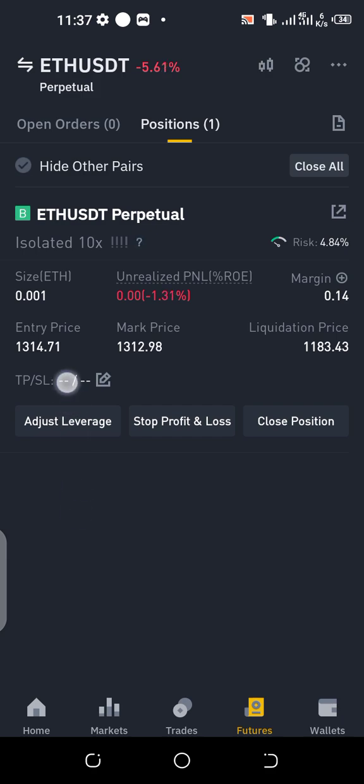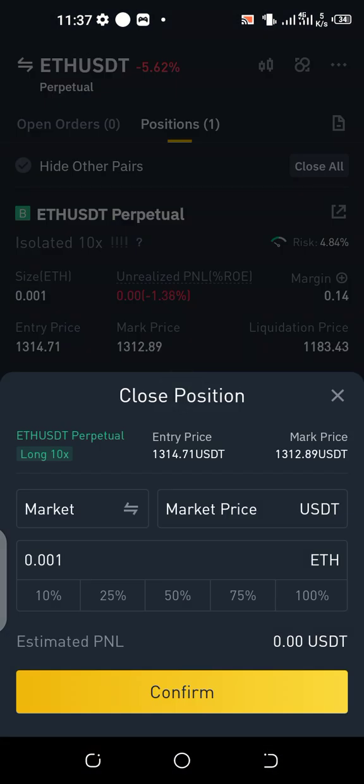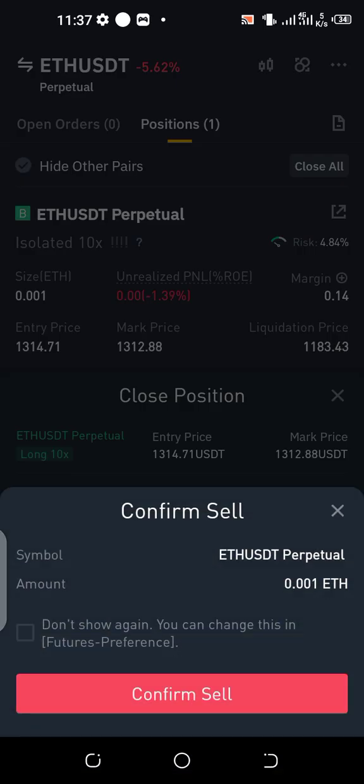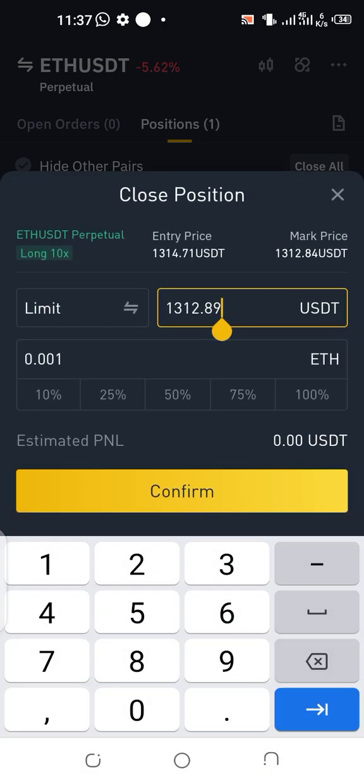Now, I have several options for closing this trade. I can close position immediately, like I showed you the other time with Bitcoin, using market price. I click confirm and it is closed if I confirm it. Or I can click on market here, change it to limit, and choose a price at which I want to close the trade, e.g. 1314.71.